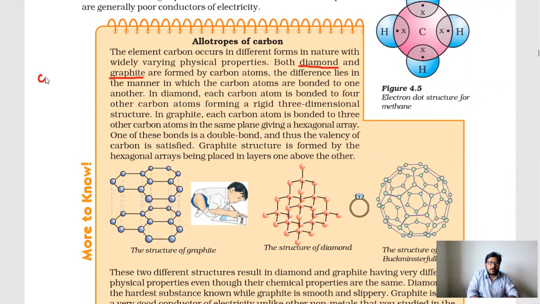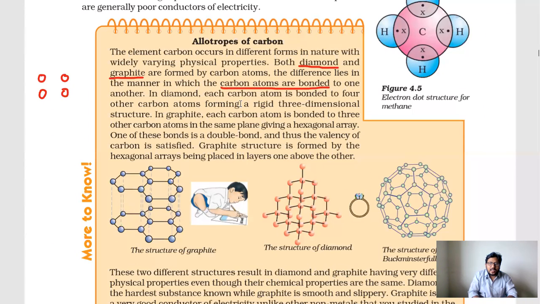Consider we have one carbon atom, another carbon atom, and like that different carbon atoms. How are all the carbon atoms combined? If you try to understand that, it will be easy to understand the structures. The physical properties and shapes are different because of the arrangement in which carbon atoms are bonded to one another.